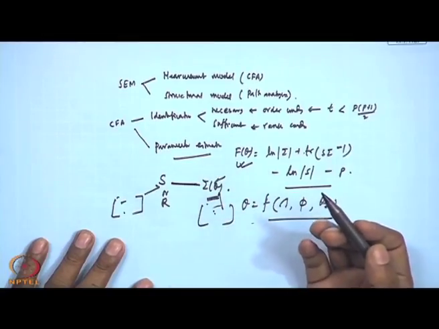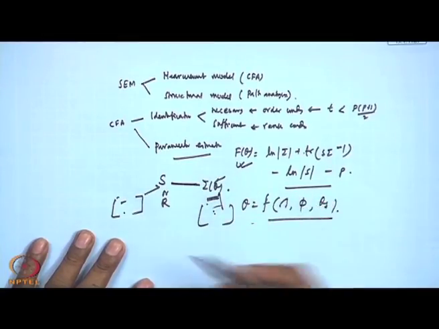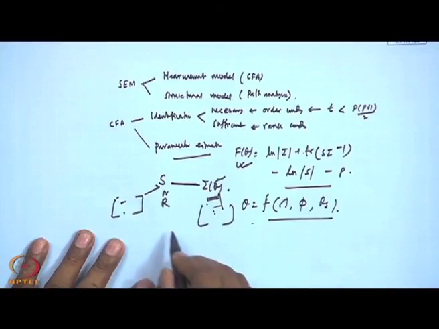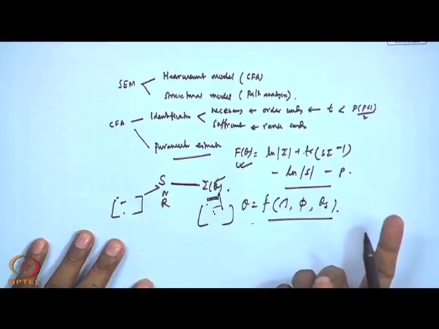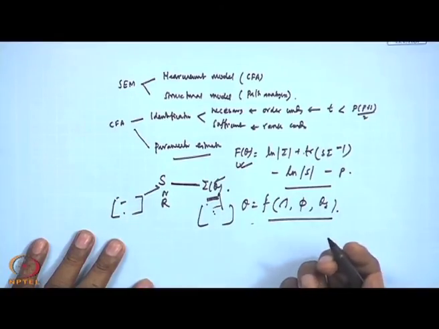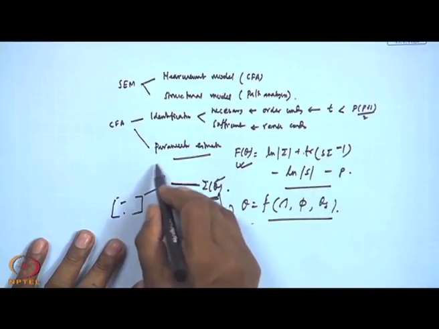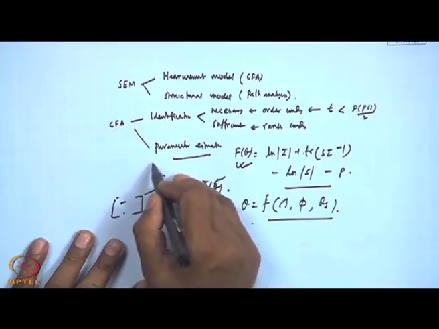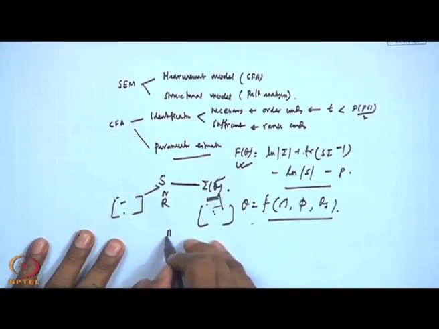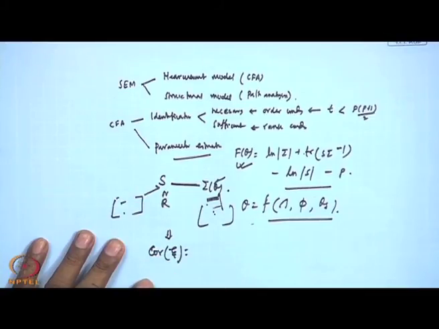Once parameters are estimated, you can test the parameter values, this lambda, using a simple t test, whether it is significant or not. But apart from this, another important output from this CFA after parameter estimation is the correlation matrix of the latent constructs, or covariance matrix, which is very, very important, because this will be the input to the structural model.